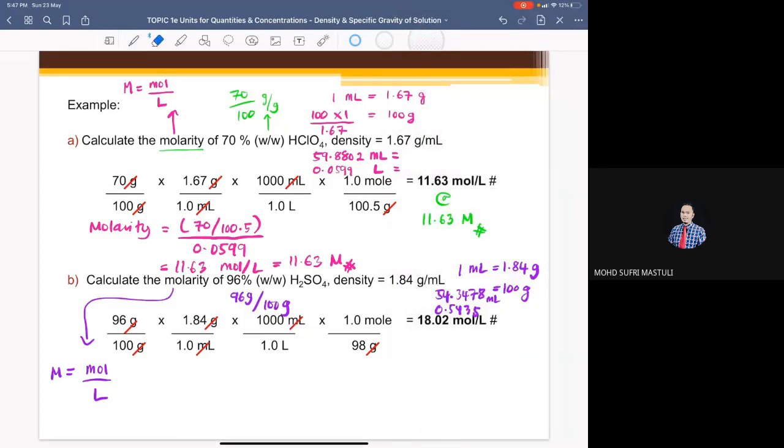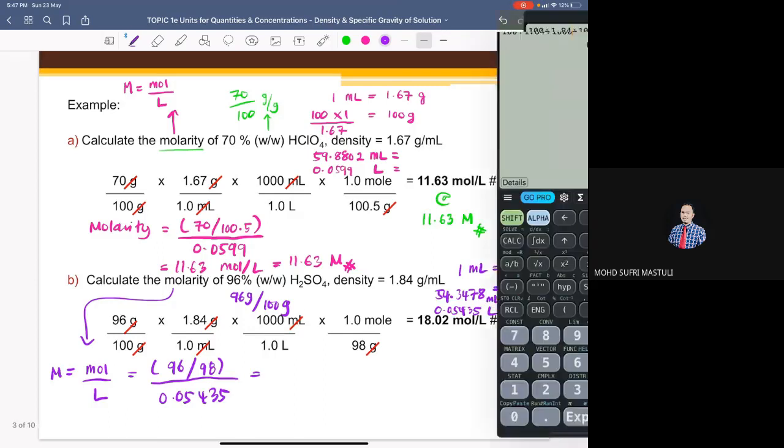So this one is 0.0543 liter. Okay, so mole is mass. Mass is 96 gram over the molar mass of sulfuric acid, which is 98, per liter, 0.05435 liters.